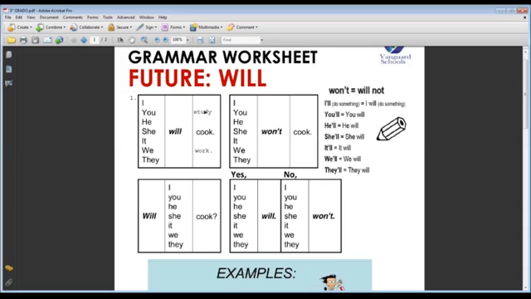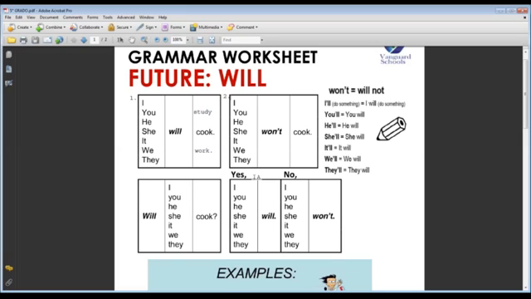Cualquier verbo. Cook, study, work, travel, have, etc. Okay? This is the affirmative.